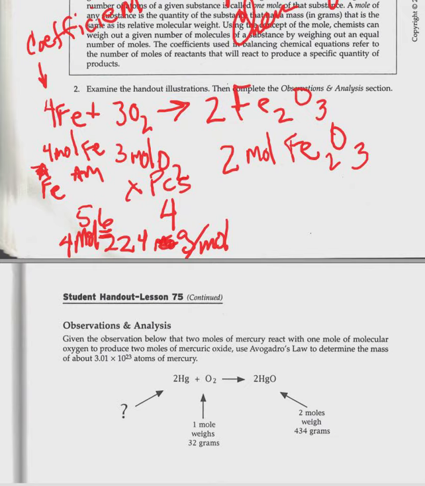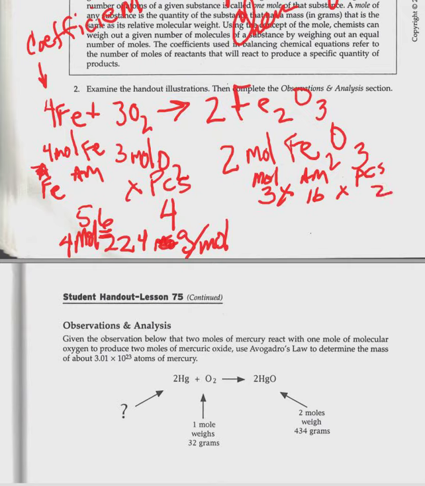Oxygen has 3 moles times the atomic mass, which is 16, times the number of pieces, which is 2.